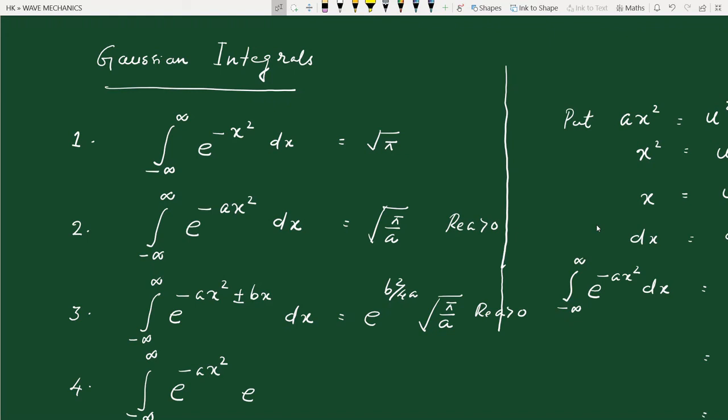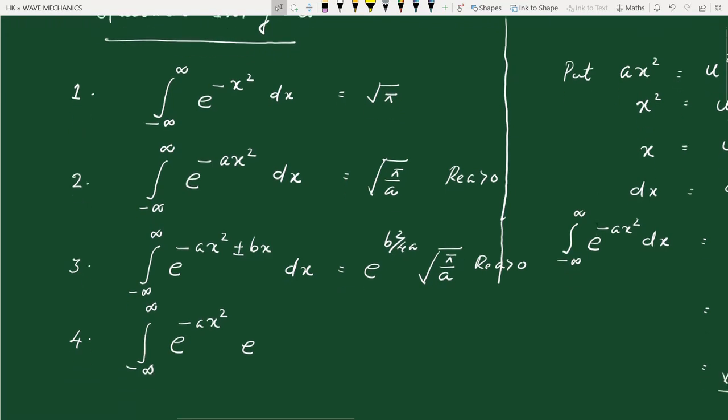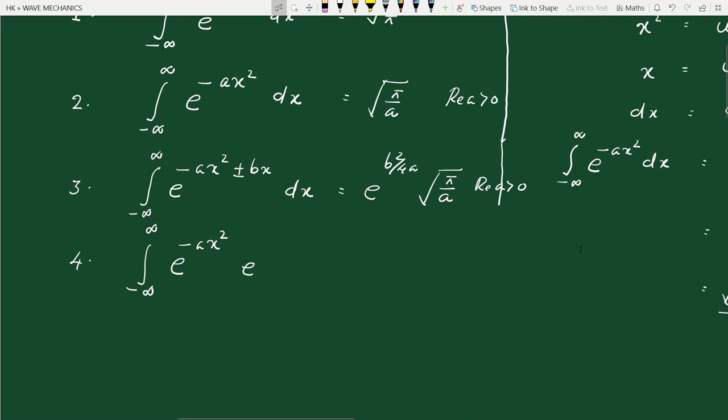Okay, now let us come to this one. This is a slightly different version of equation 3: the integral of e raised to minus ax square times e raised to plus or minus ikx dx. So you have a Gaussian function e raised to minus ax square, and you have a complex exponential e raised to plus or minus ikx.